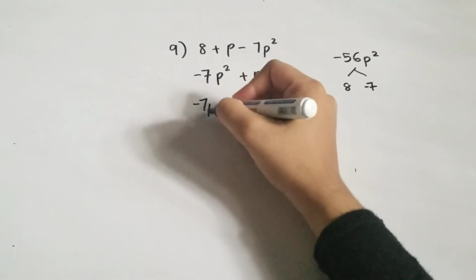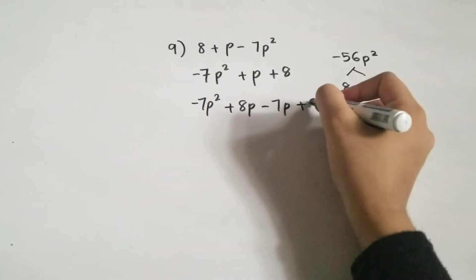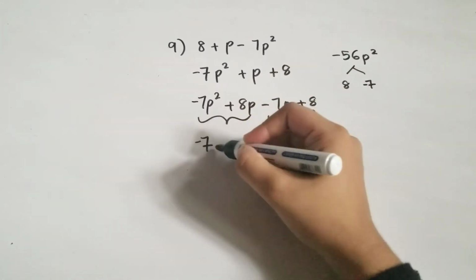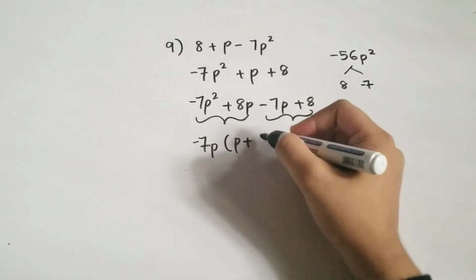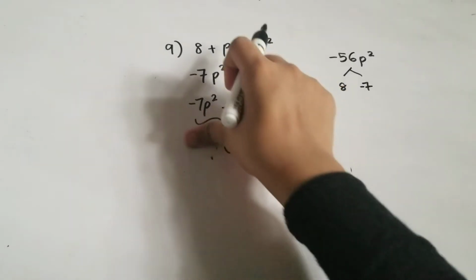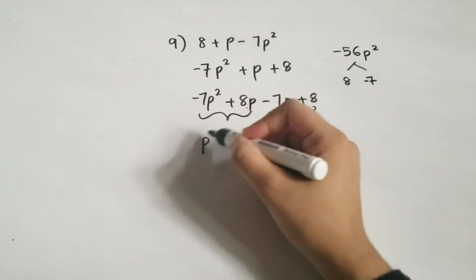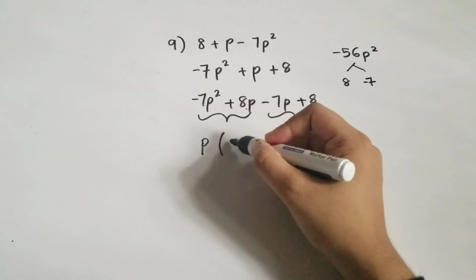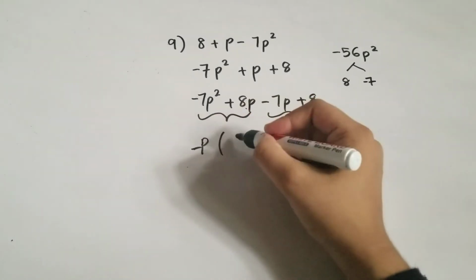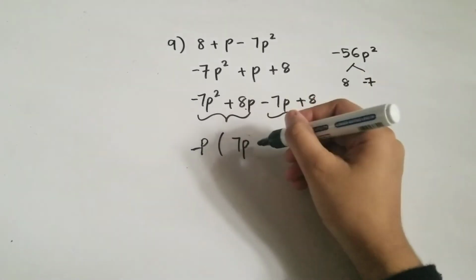So I can write minus 7p squared plus 8p minus 7p plus 8. And if I categorize this one this way, I can write minus 7p into p plus, if I need 8, I can put 7 here, because 8 is not a multiple of 7. I can write 8 into 7p, not plus, minus 8.